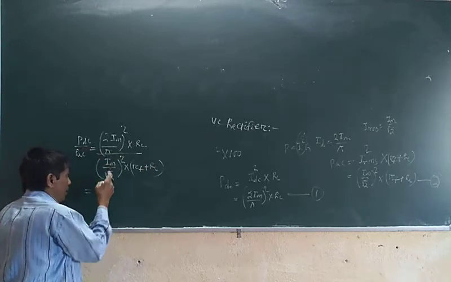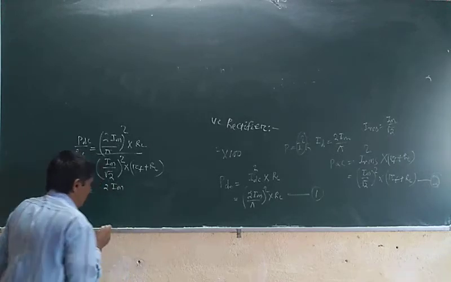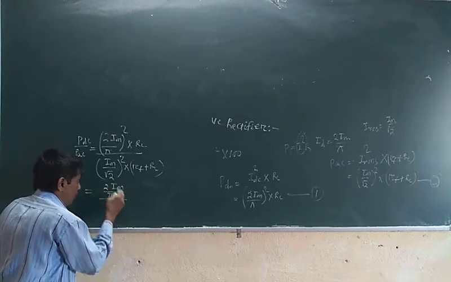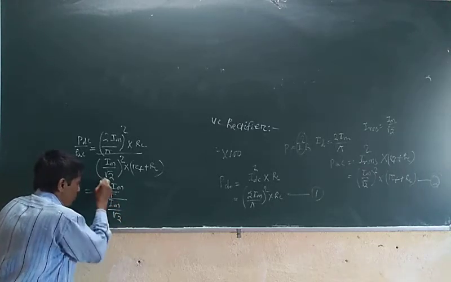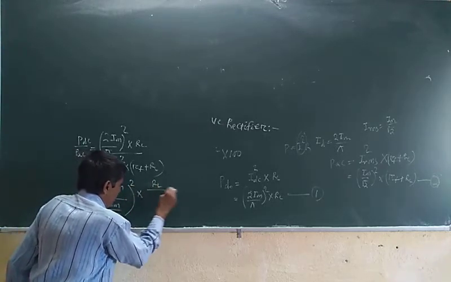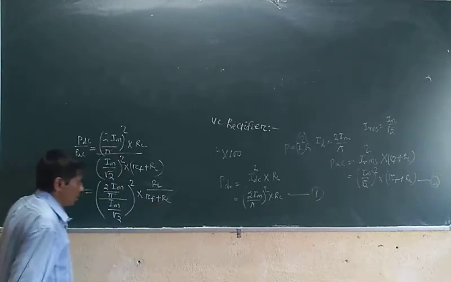So we can write 2Im by pi divided by Im by root 2, whole square, into RL divided by (RF plus RL).